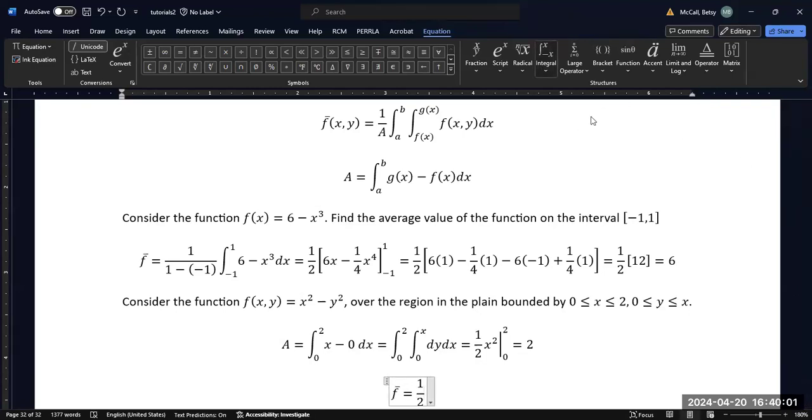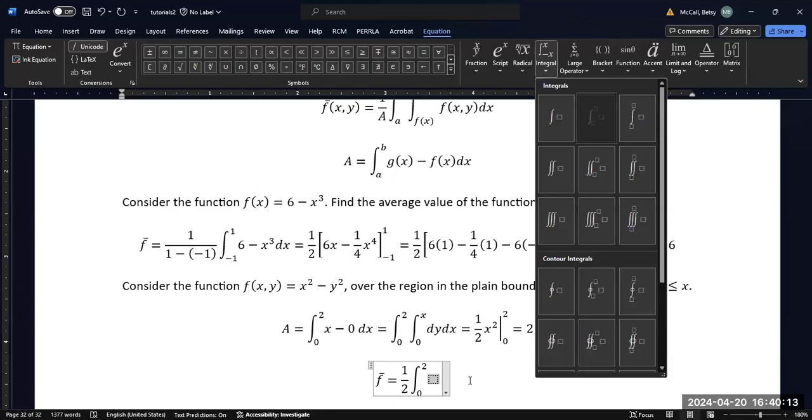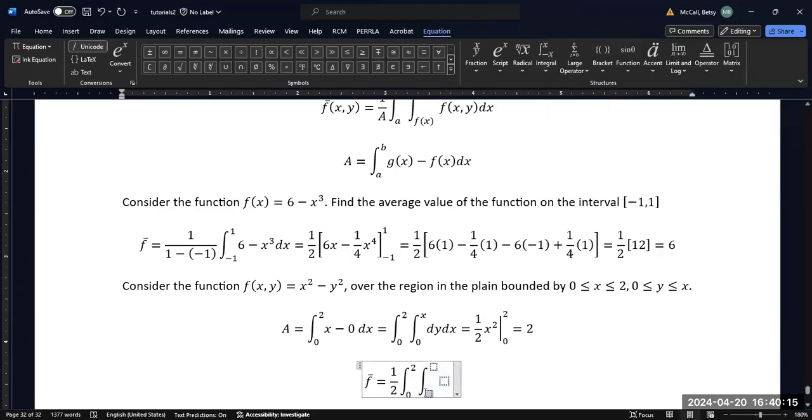And then we're going to integrate the function. Notice the area didn't have anything to do with the function. But now we're going to integrate our area 0 to x of x squared minus y squared dy dx.